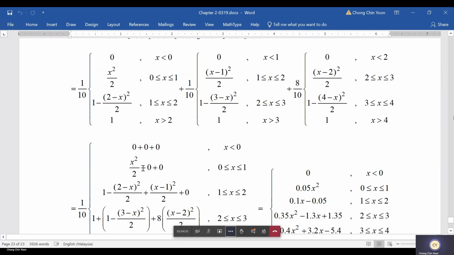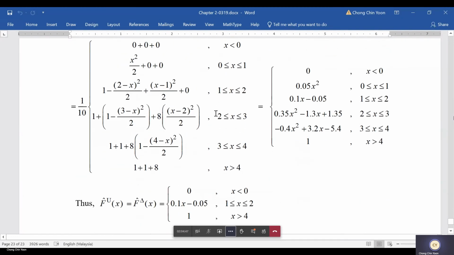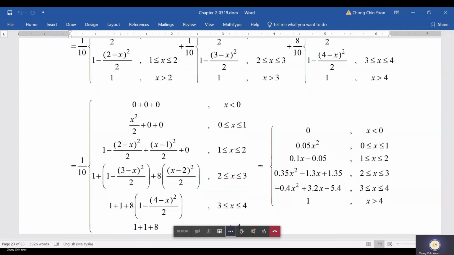So you have this result now. Similarly, remember I also factorized here, then the 8 will remain inside for the third piecewise function. Let's say I pick the interval 2 to 3. Whenever x is between 2 to 3, the first piecewise function will give me this, then I will have this result.